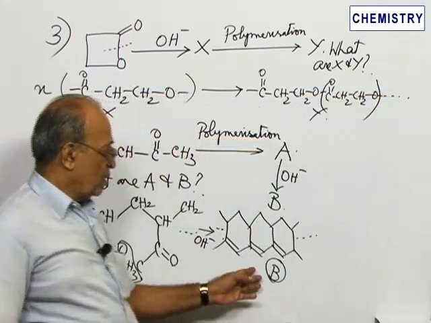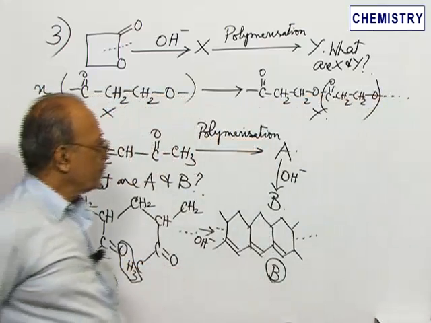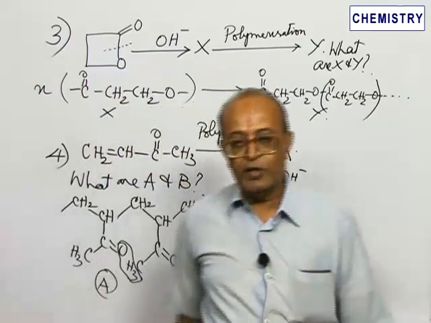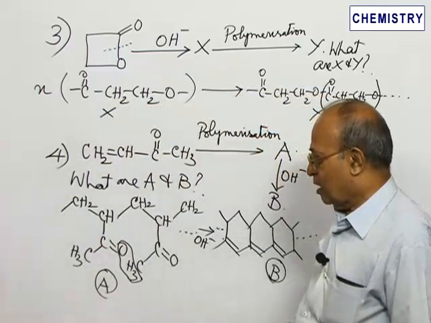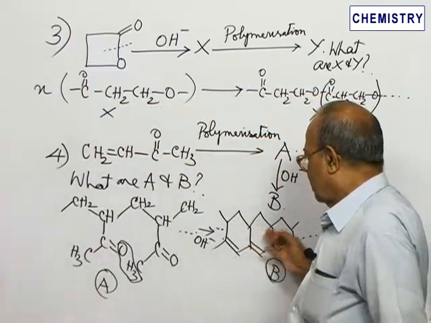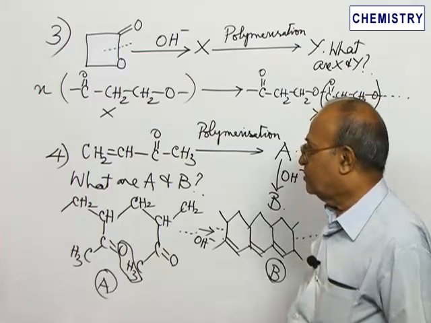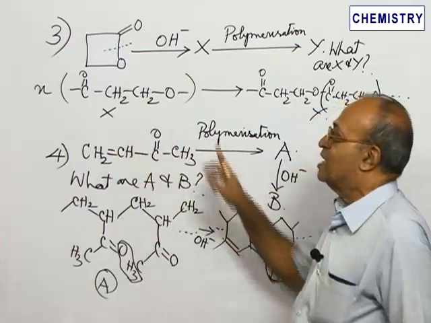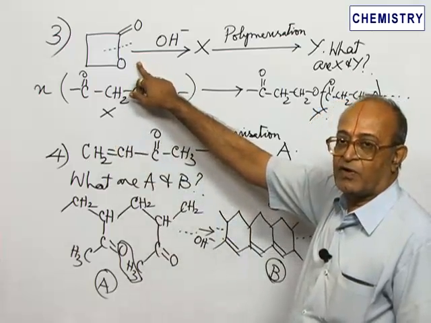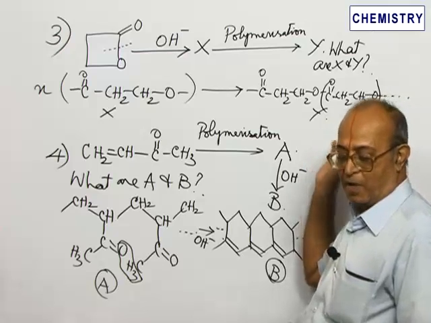A molecule like this is being produced. So A and B, you can notice B because of ring closure you get a polymer having the rings. So from a linear molecule you get rings, but in question number 3 from a ring you get a linear molecule. So both of them are possible.